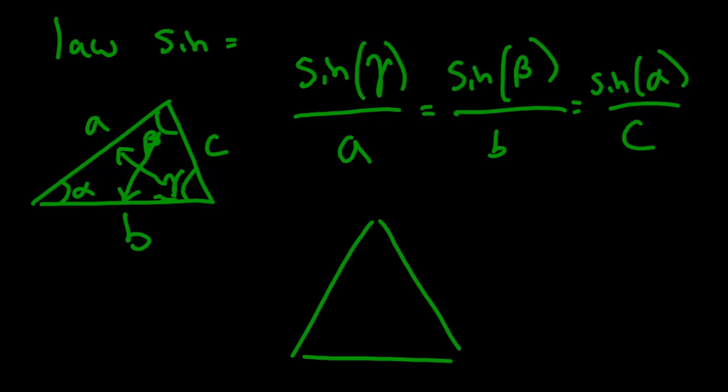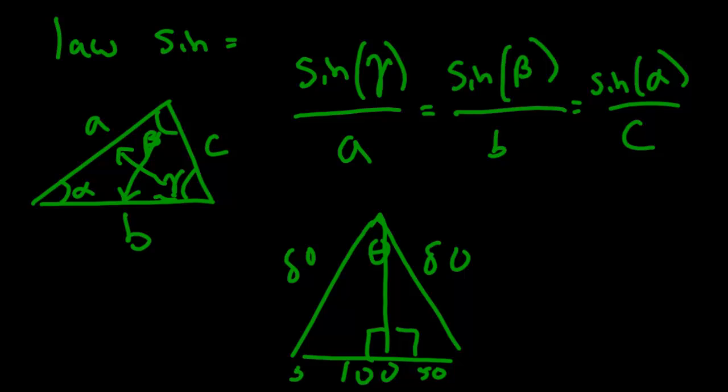So what you could do, we're looking for this angle, right? We know this, and we know this. If he doesn't ask you to use law of sines or law of cosines, the way I probably would have gone about it, we'll just split it down the middle, make two right triangles, so we have this side is 50 and that side is 50, and then you can get this side, and once you have that side, you can find the angles that way.